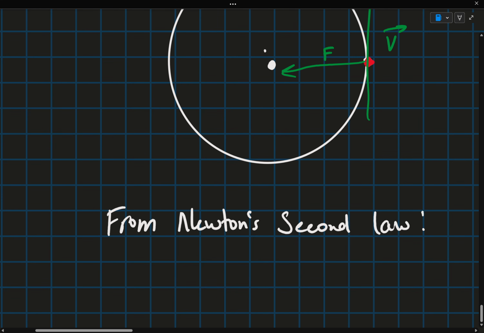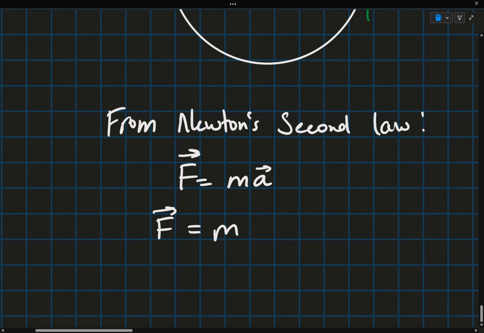Just the equation. Force equals mass times acceleration. The force is equal to ma. Lovely, right? Mass times the acceleration. So from the equations that we've done above, acceleration is equal to r omega squared, right? So r omega squared.